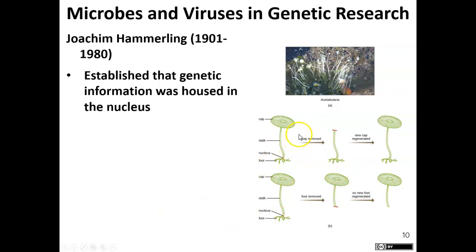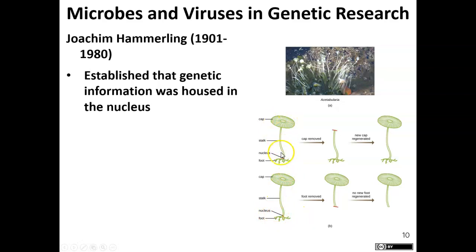He would take the cap off of some of the Acetabularia, and then he would take the feet off of others of the same genus, right? The nucleus was housed in the foot. So if he removed the foot, there was no nucleus.